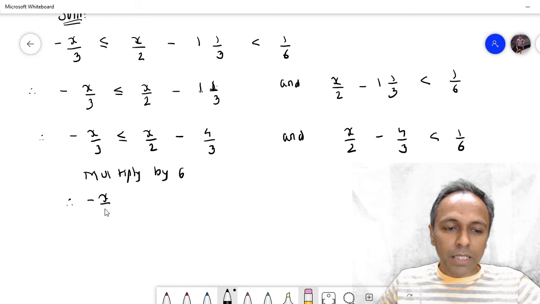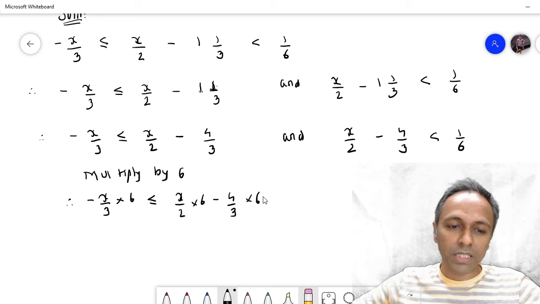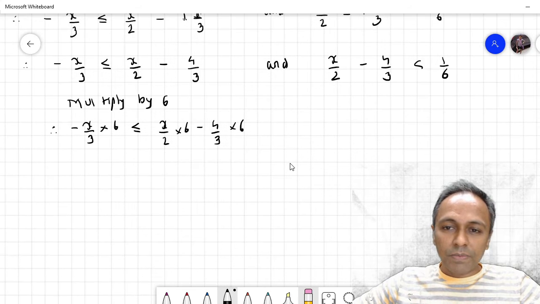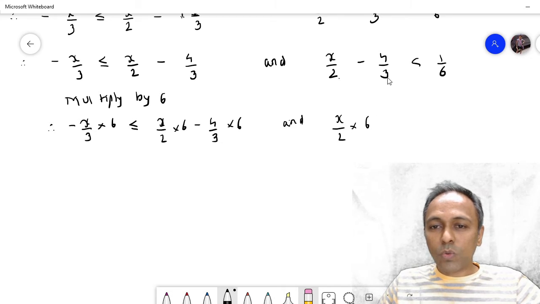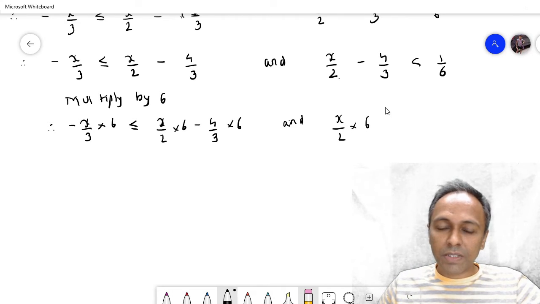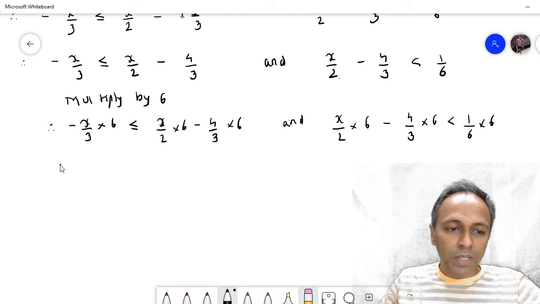It becomes minus x upon 3 into 6 is less than or equal to x upon 2 into 6 minus 4 upon 3 into 6. Again the LCM for the second part is also 6. We can continue multiplying by 6, as 2 and 3 happen to be factors of 6. So minus 4 upon 3 into 6 is less than 1 upon 6 into 6.